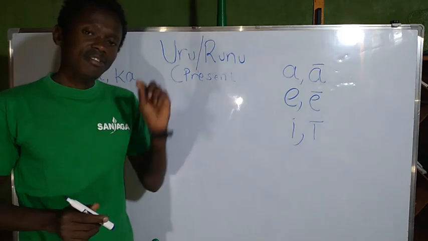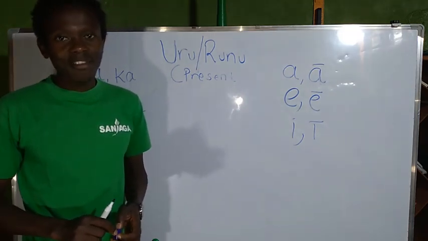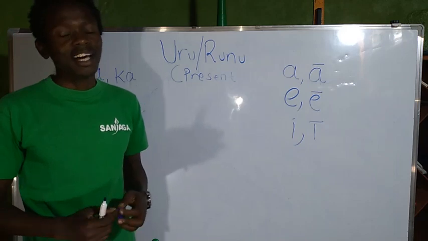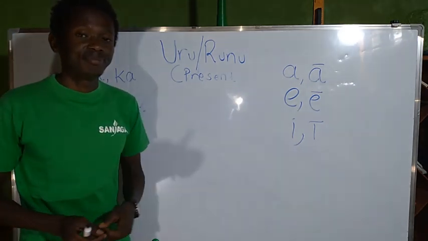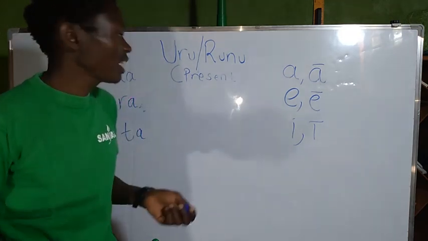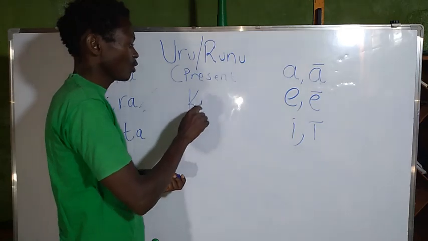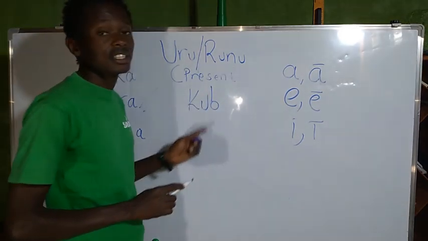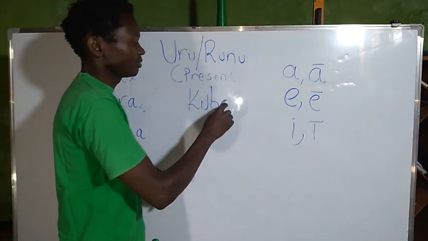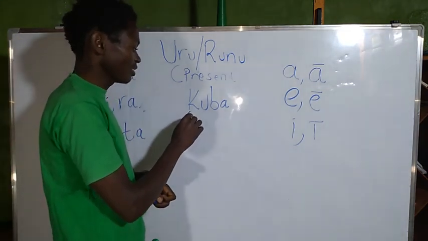For any stem verb, it has to end with an R. A stem verb is that which has only the root verb, like kub for beat, and R. Kuba, or reka.